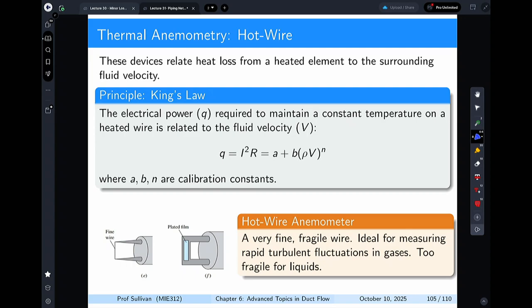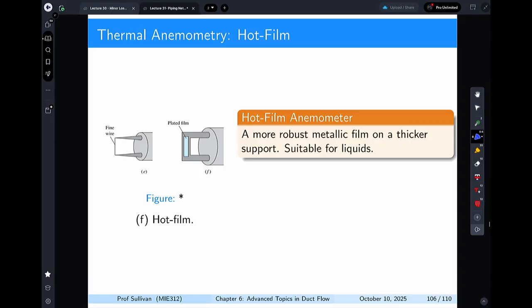You have a fine wire in a flow and you heat it slightly above the ambient temperature. If you have a turbulent flow, you have a fluctuation, and that fluctuation is going to be associated with changes in velocity. So I can measure the fine scale change in velocity with something like this at about 5 kilohertz, 5 to 20. Hot film anemometer, not so good.